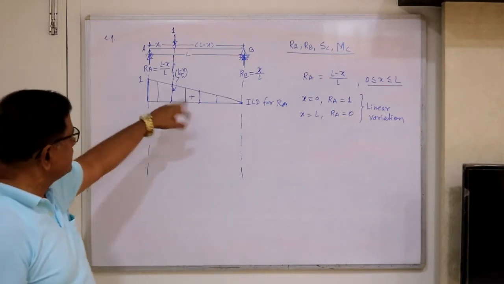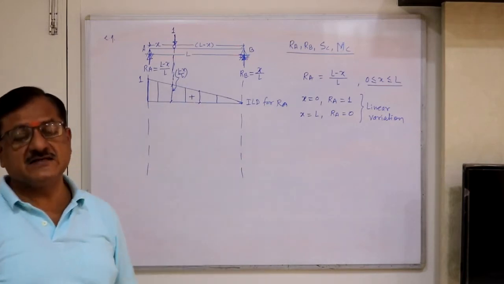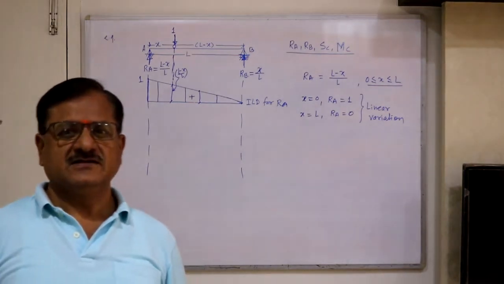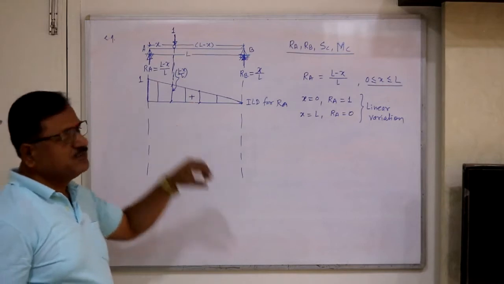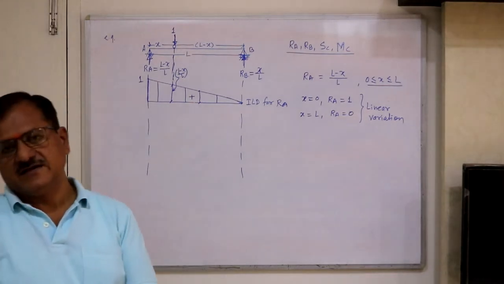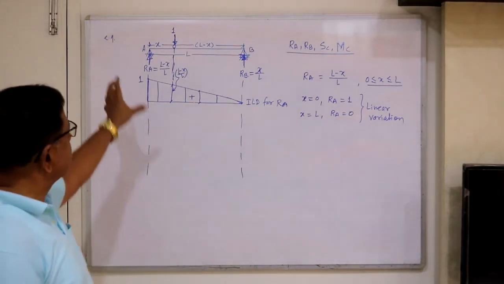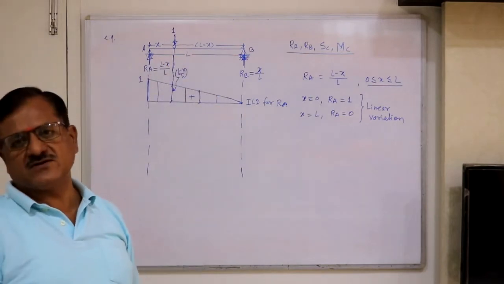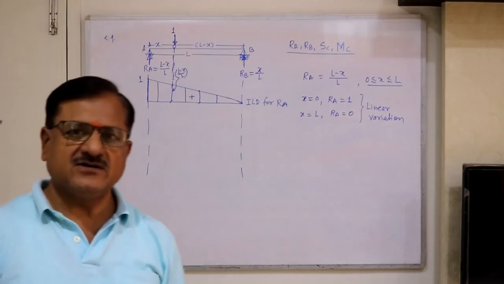So this variation of RA represents the influence line diagram for RA, and each and every ordinate of this diagram represents an influence line coefficient, because these ordinates are constructed for a unit load moving from one end to the other end. Now suppose the external loading is given, whether UDL or a number of concentrated loads, or a combination of UDL and concentrated loads.